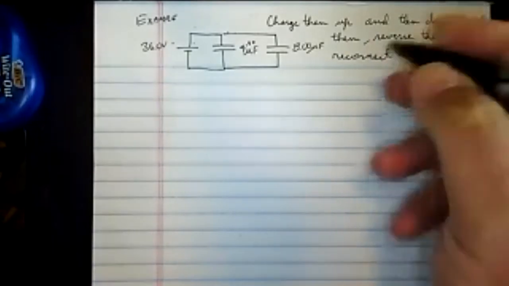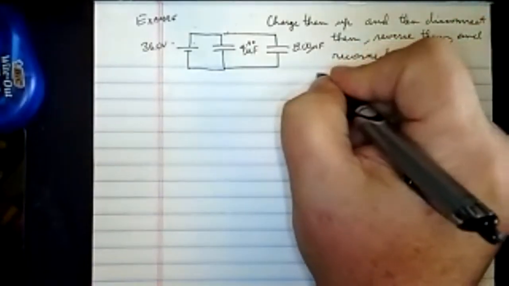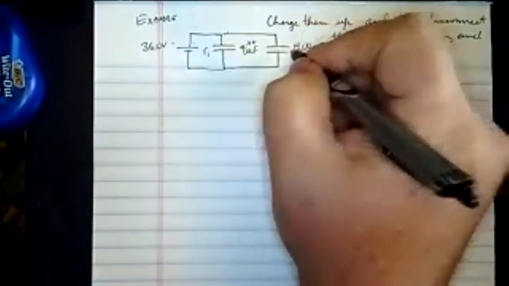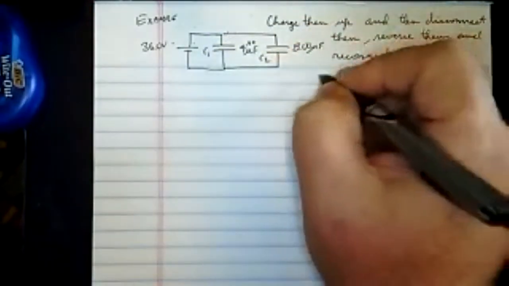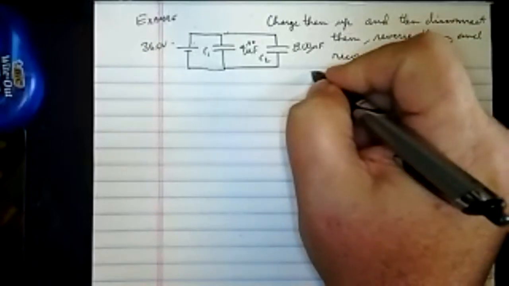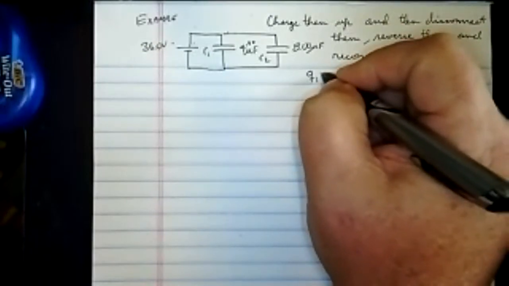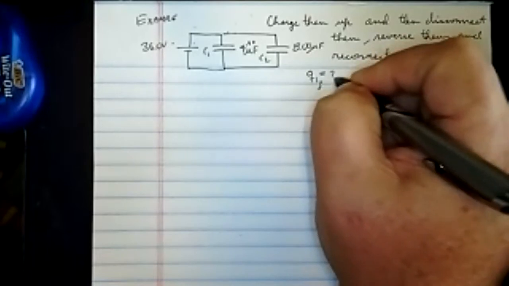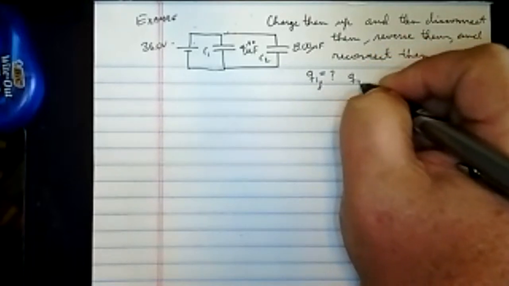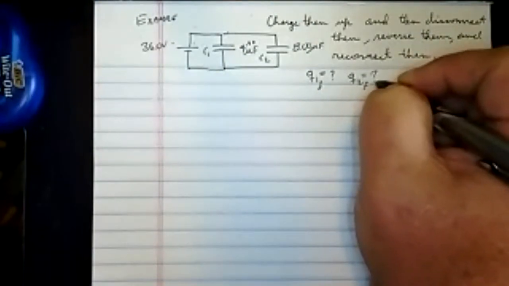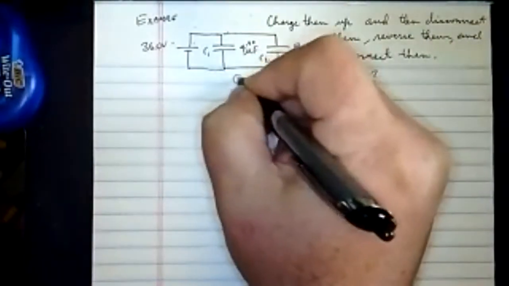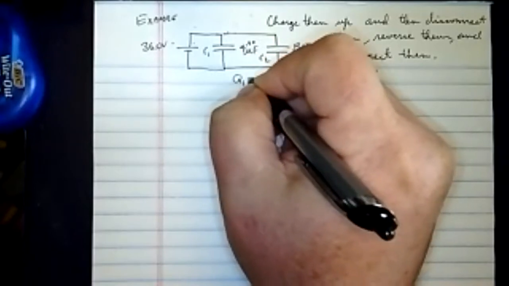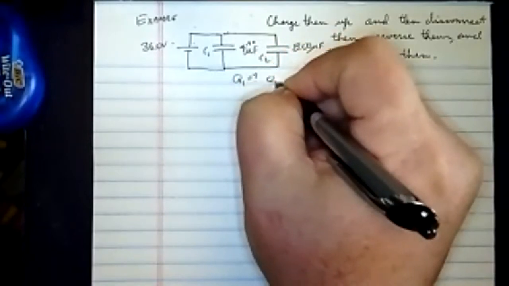Okay. What I want to know is, in the end, what will be, and I'm going to call this C1 and I'll call this C2. What will be Q1 final, Q2 final, as well as Q1 initial and Q2 initial.